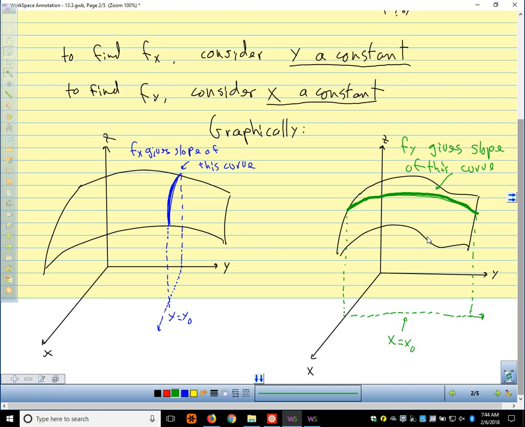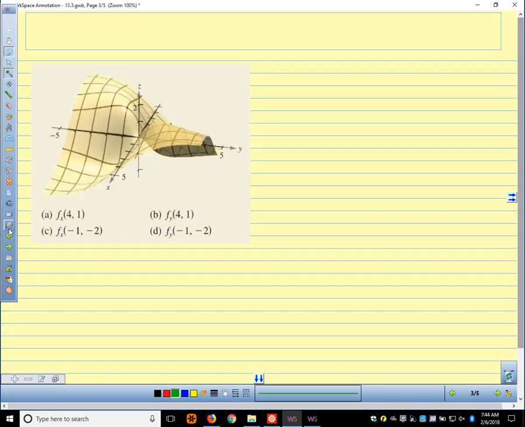All right. So for these next things, I have some graphs. And we want to decide the sign of the particular partial derivatives, positive or negative. So here's our surface.